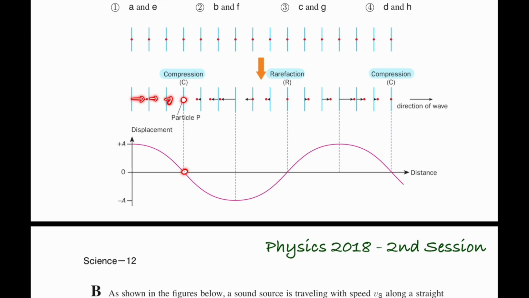And then the particle after that point, we talk about this compression, yeah? The particle after that point must be moved to the left, like this. Since it is moved to the left, the diagram is below the x-axis, and so on.